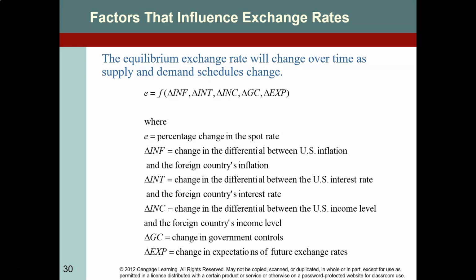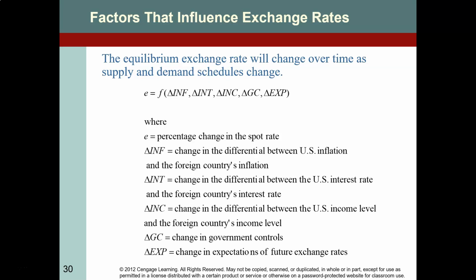Okay, so here we have an equation. On the left-hand side, it's the letter E, standing for percentage change in the spot rate. So the change in the spot rate of the exchange rate equals F. F is a function.